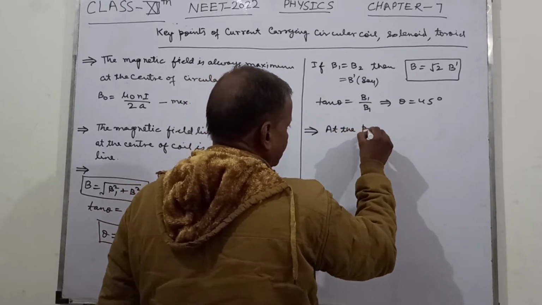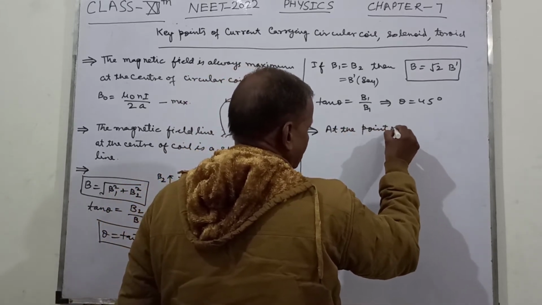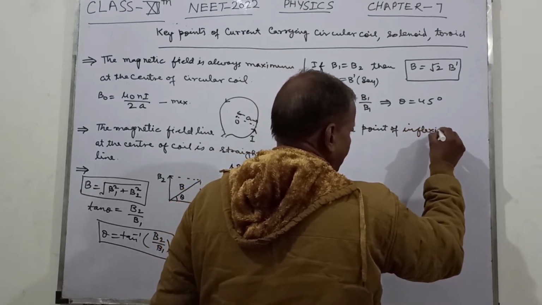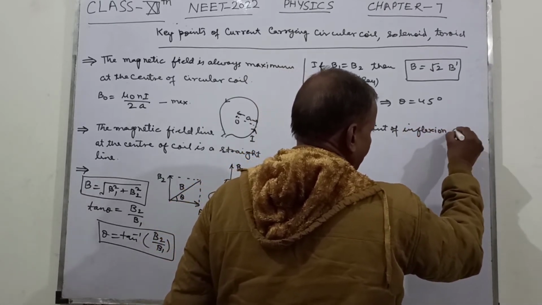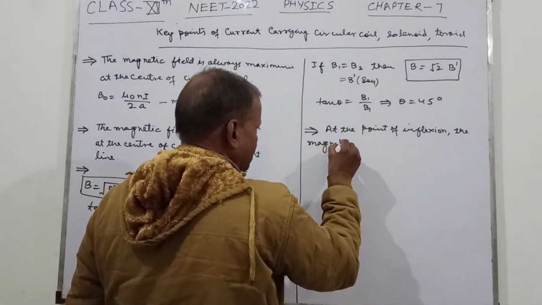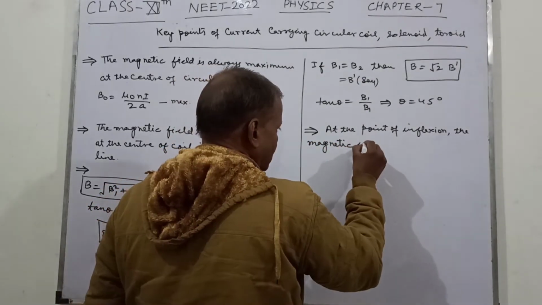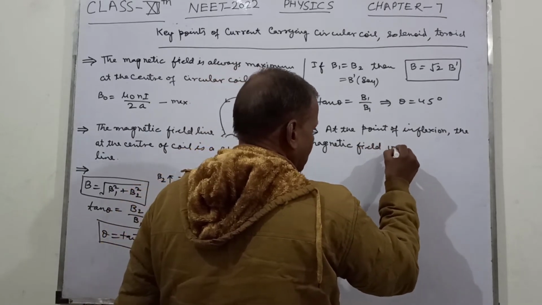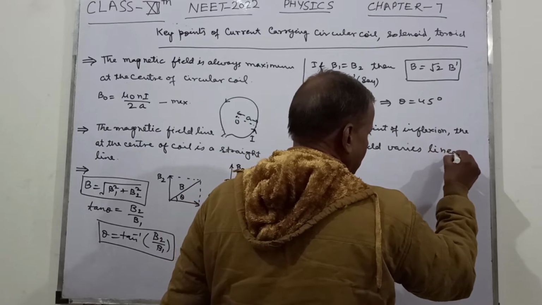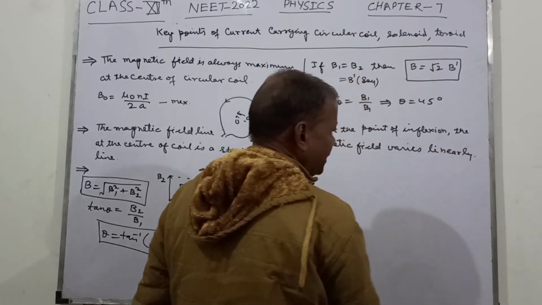At the point of inflection, the magnetic field varies linearly.